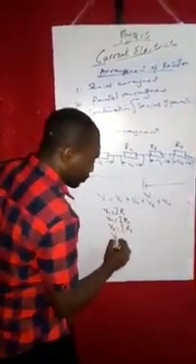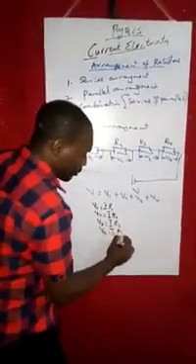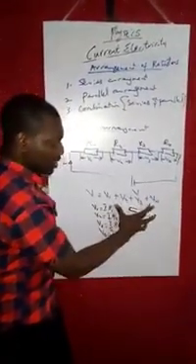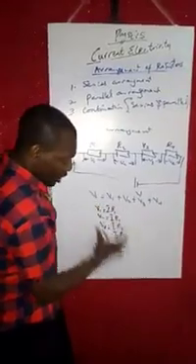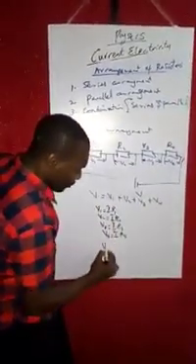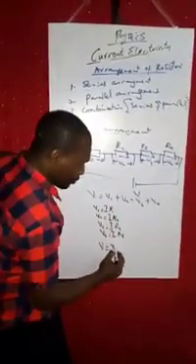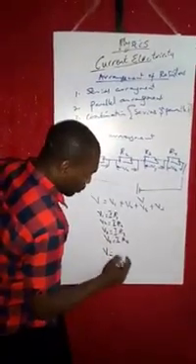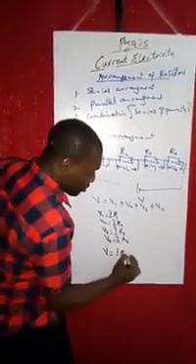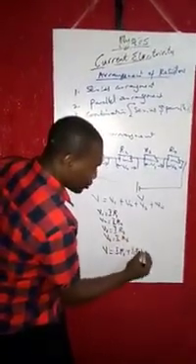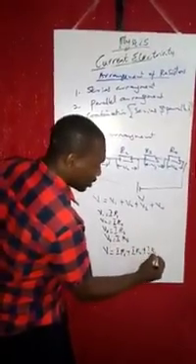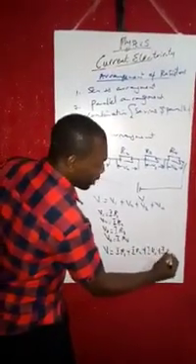And at V4, the same current times R4. So if we substitute this into this, our V will be equal to V1, which is IR1, plus V2, IR2, plus V3, IR3, plus V4, IR4.